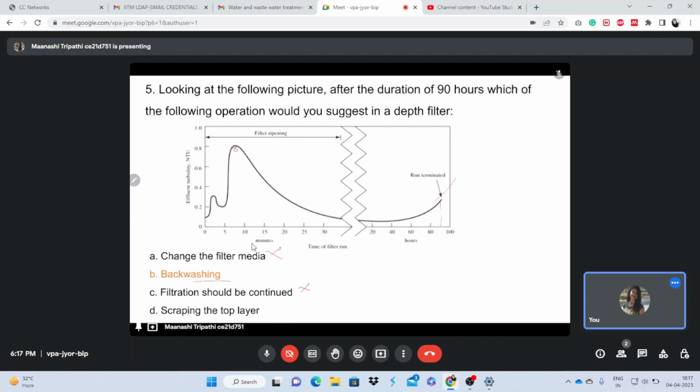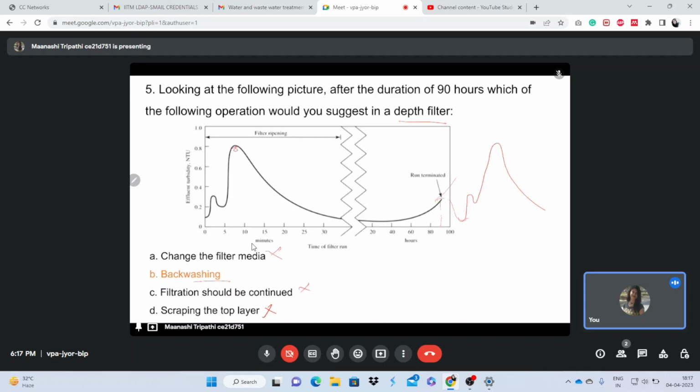Scraping the top layer is not for this, it's for the slow sand filter. We're talking about a depth filter, so scraping the top layer won't work. So we'll do backwashing, so that after backwashing the same cycle will start again.